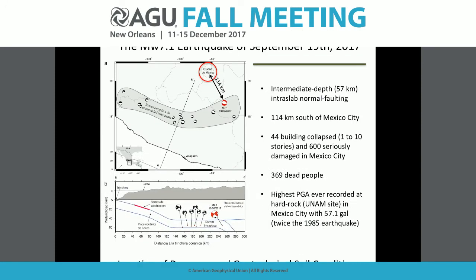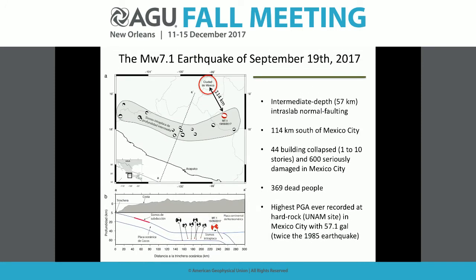Just to add, these intraslab earthquakes are very interesting because they are extremely energetic. The total energy change is large. But most interestingly, the radiation efficiency of this kind of earthquake is very, very low, even lower than tsunami earthquakes.